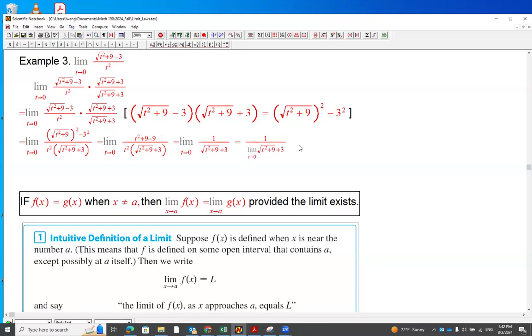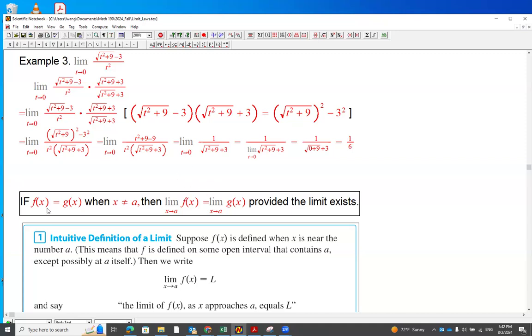So that's going to equal 1 over, by direct substitution, the square root of 0 plus 9, plus 3. And now in the end, we get 1 over 6.